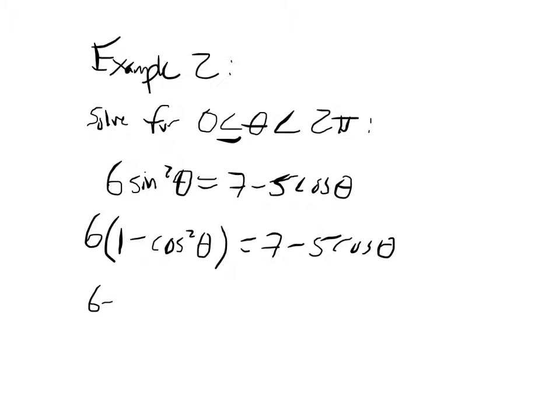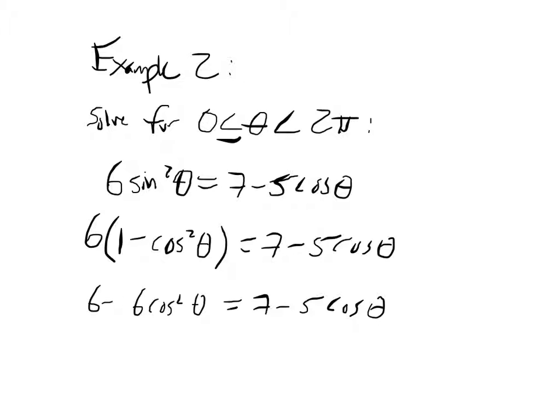Expand: 6 minus 6 cosine squared theta equals 7 minus 5 cosine theta, and then get one side set equal to 0 and get your quadratic as your first term.